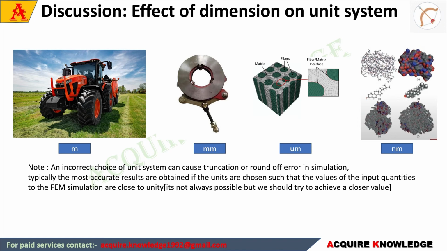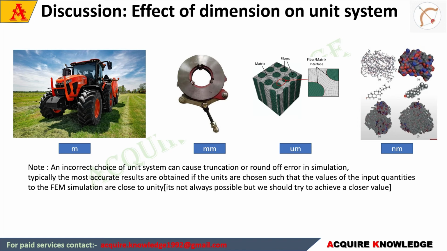Like for this case, if you look at the metric scale, if you want to simulate the full dynamics of a tractor, it means that we have to actually model everything, but a tractor also consists of computational domains that are very small in size. So that can again cause some round off and truncation errors. The second example shows a disc brake. Now, if you want to go further into what's happening at the material microscopic level, we can also model those things using the RVE approach.